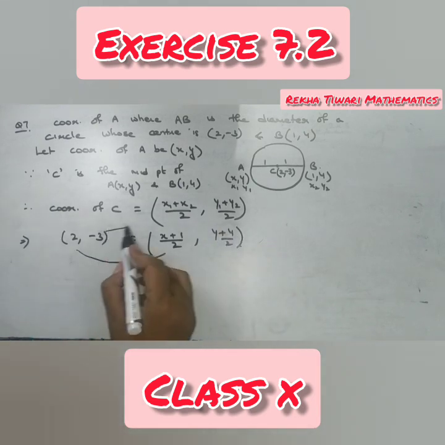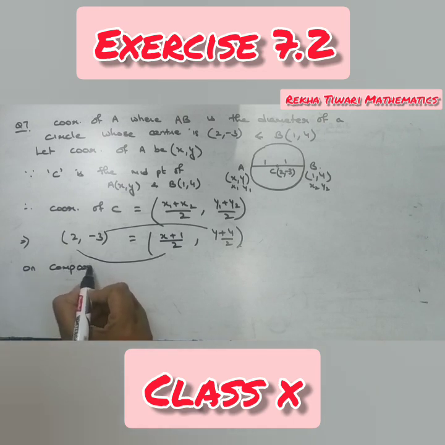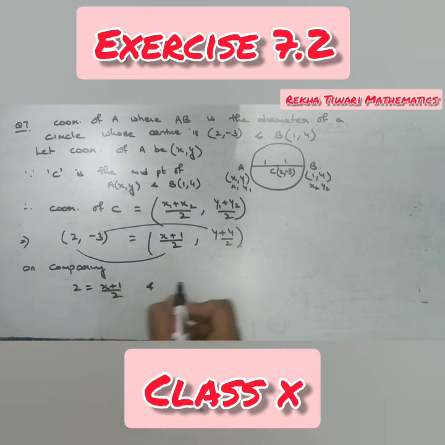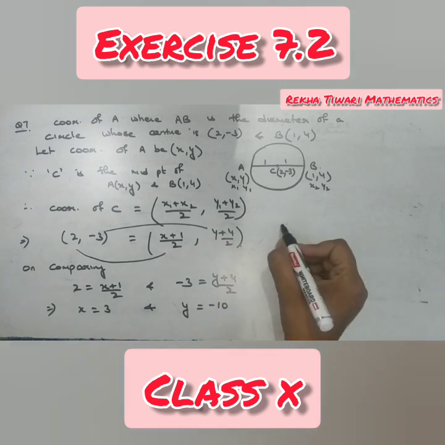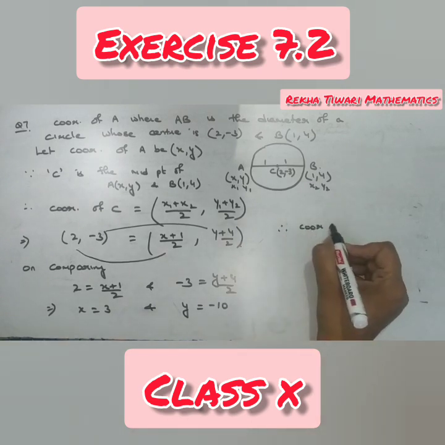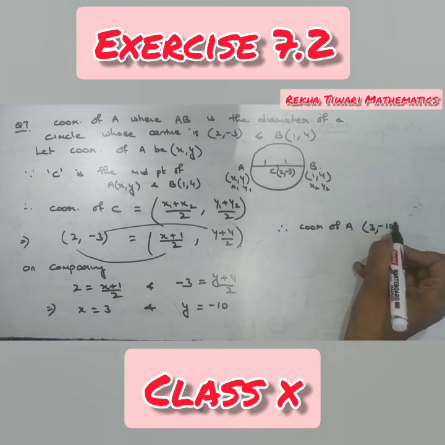Compare x coordinates and y coordinates, and you will get the values of x and y. On comparing, 2 is equal to (x plus 1)/2 and -3 is equal to (y plus 4)/2. From here you will get x equal to 4 minus 1, that is 3, and y equal to -6 minus 4, that is -10. Therefore the coordinates of A are (3, -10).